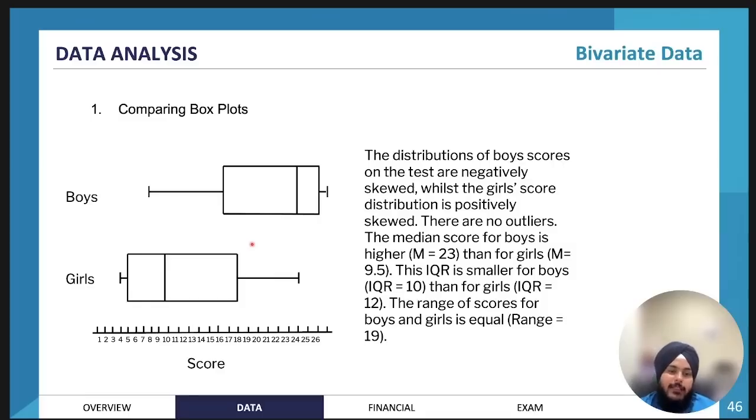Therefore, IQR is a really good measure because it's only measuring the middle 50% of the data. Here we've compared the IQR: the IQR is smaller for boys, IQR equals 10, than for girls. I've also compared the range here, but that's honestly a little bit of extra. But comparing the shape, outliers, median, and IQR is essentially what you need to get full marks.